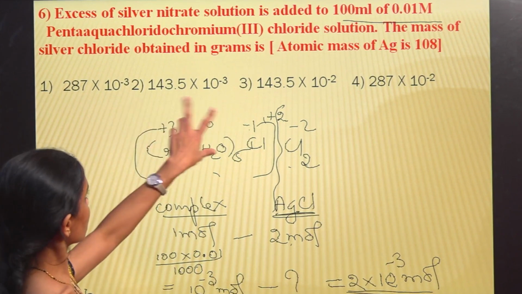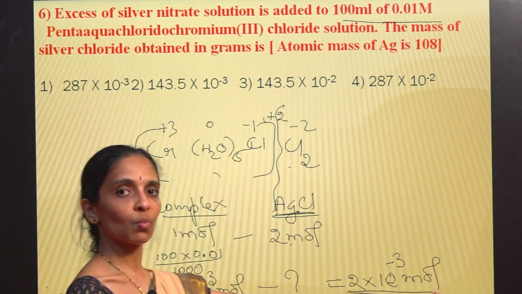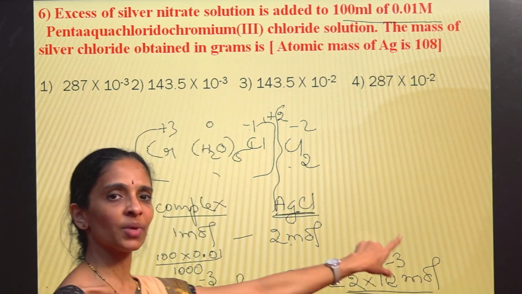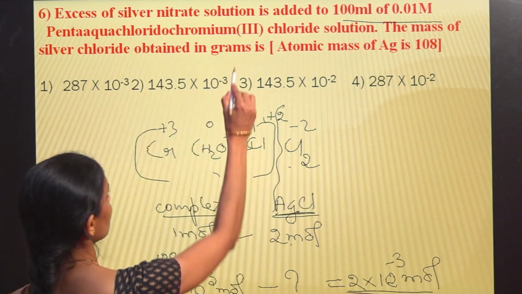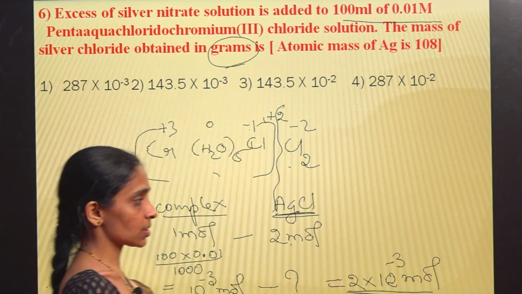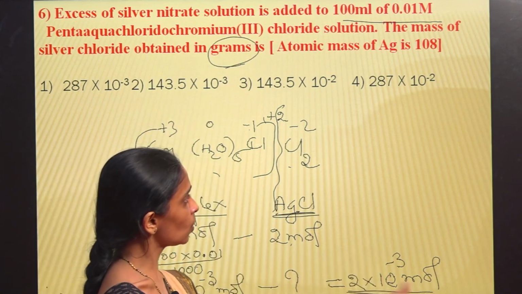But the answer is not given in terms of moles. If the answer was given in moles, this would have been the answer. But the answer is not in moles, instead the answer is in grams. So next you have to convert this mole to grams.